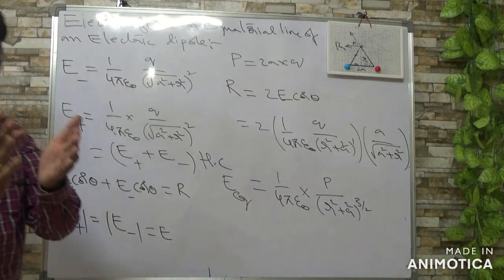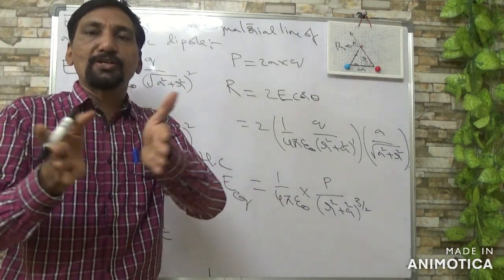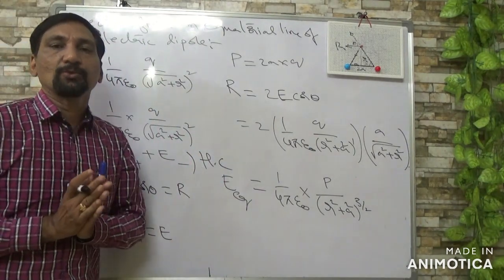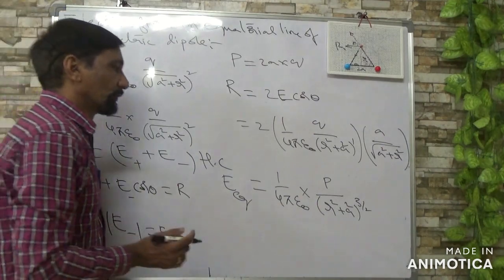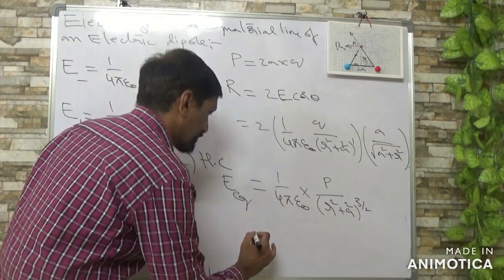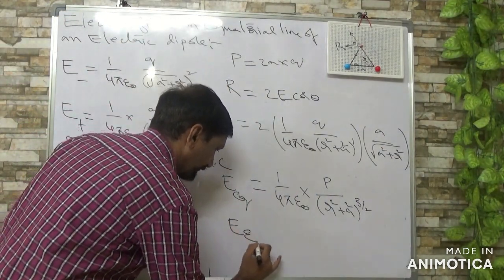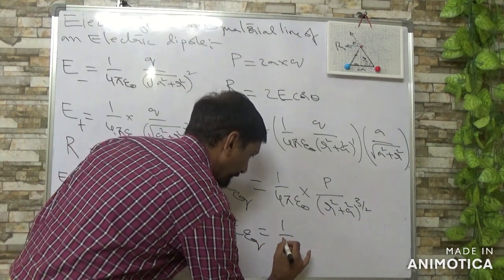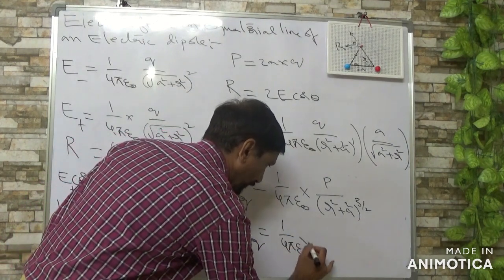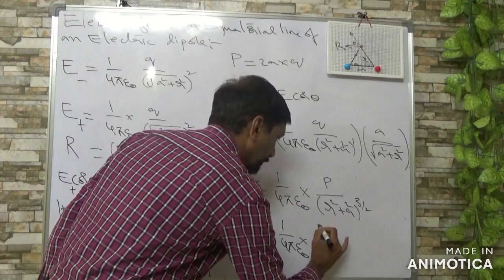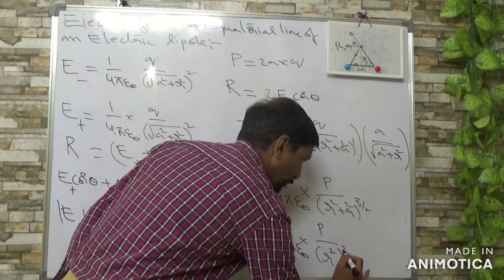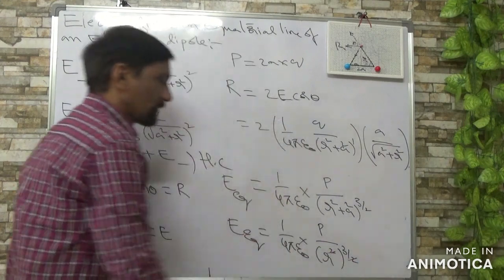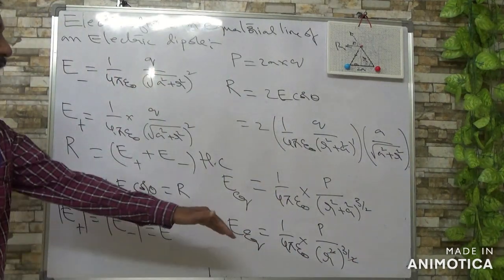But dipole means it has a very small distance, right? So that is why you can neglect this A square part. Thereby 1 by 4 pi epsilon naught into P by R square whole power 3 by 2. 2 cancelled, you will get R cube.